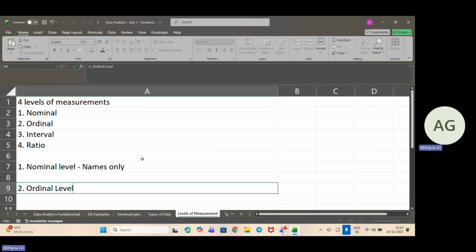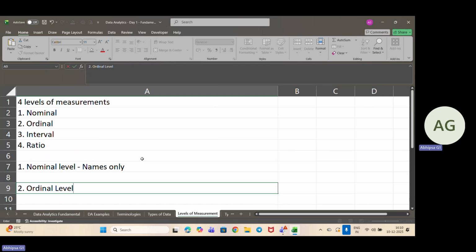We cannot calculate the difference, as we used to do, but there is a sense of order and ranking. So you can rank the ordinal data, but the difference between the ranks is not equal either. The difference between good and excellent is of course not equal to the difference between bad and okay, right?